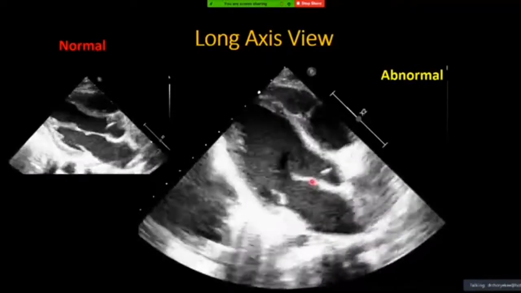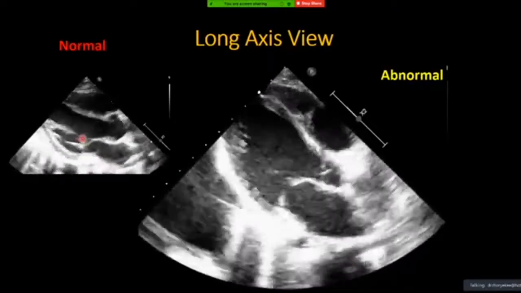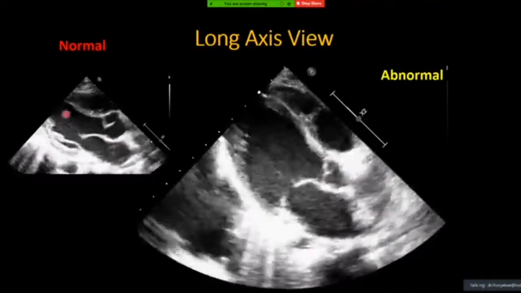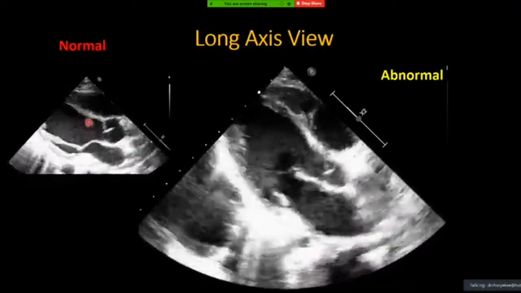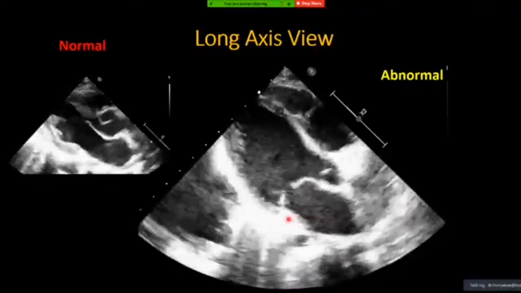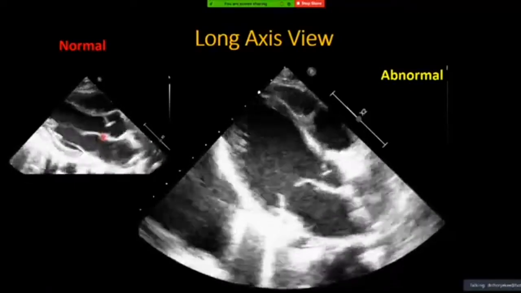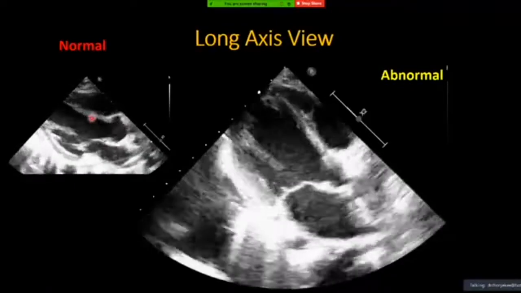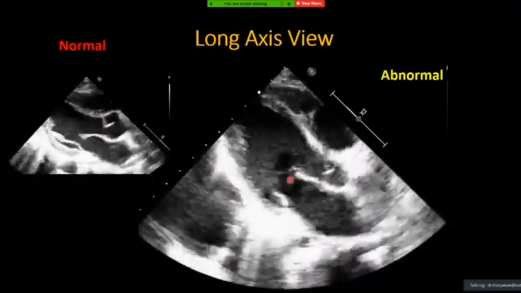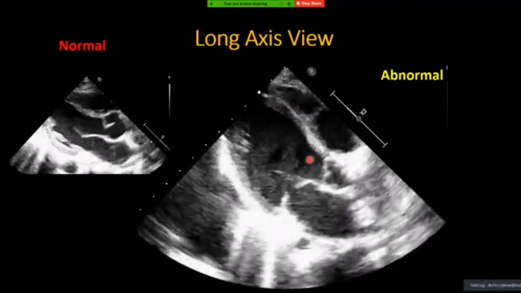And when you look at it carefully, this leaflet appears very different from this leaflet, because this leaflet did not really touch the septal wall, all right? So it didn't touch the septal wall, which is a very important sign of poor cardiac contractility, right? When the mitral valve can touch the septal wall, it's good contractility. When it doesn't touch, it's poor contractility.